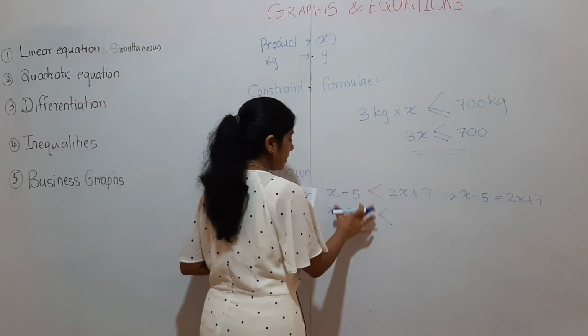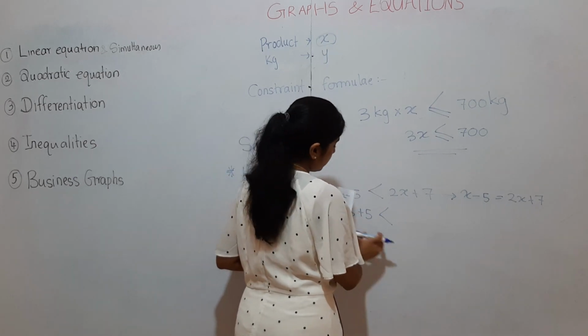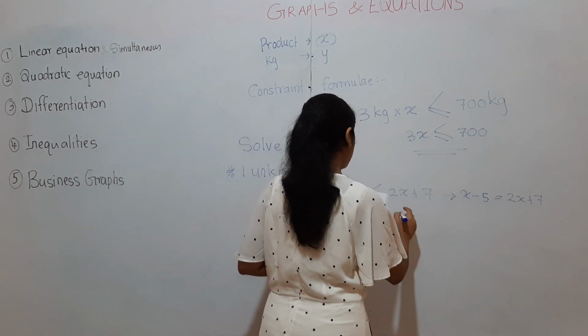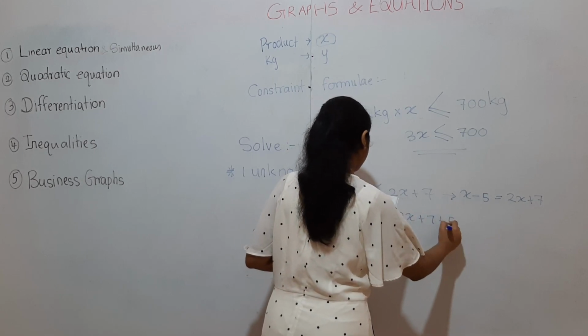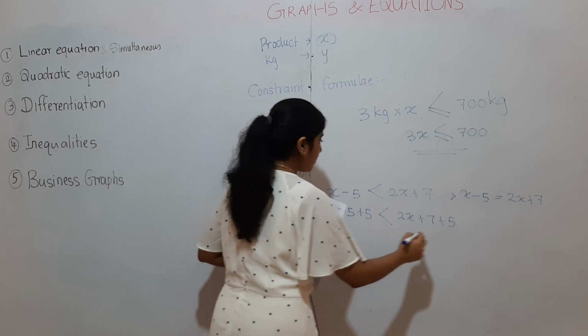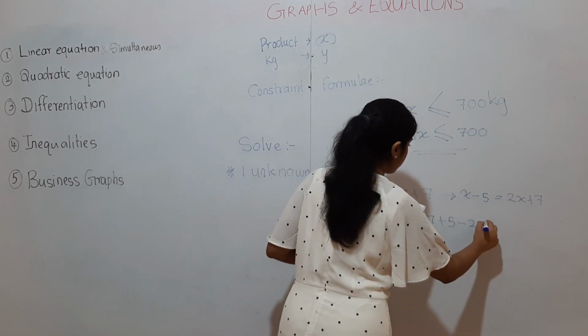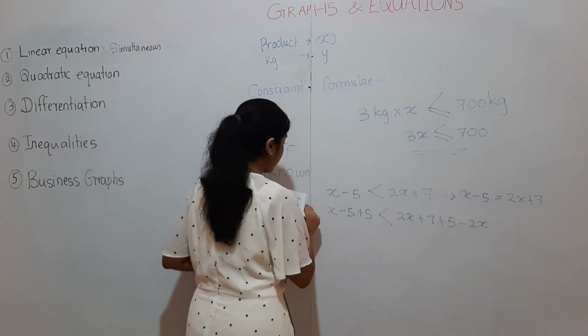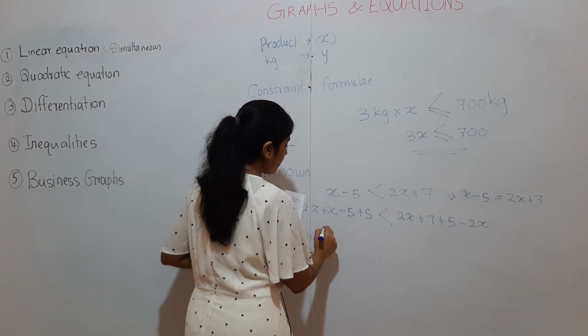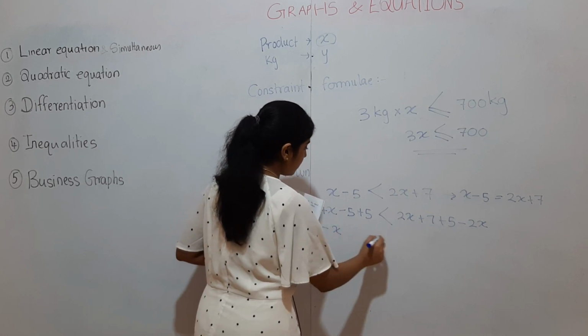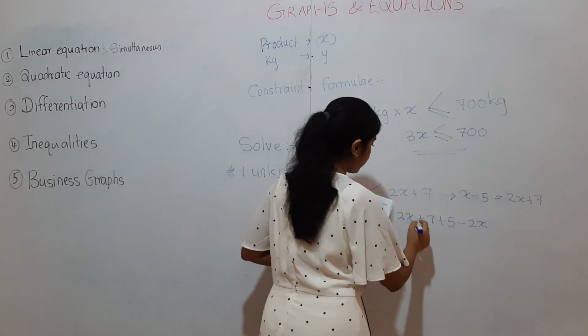If I do something this side, I must do the same thing this side as well. So 2x plus 7 plus 5. And I am going to remove my 2x from here and add minus 2x to here. So I will get minus x, and this 0 is less than, okay.